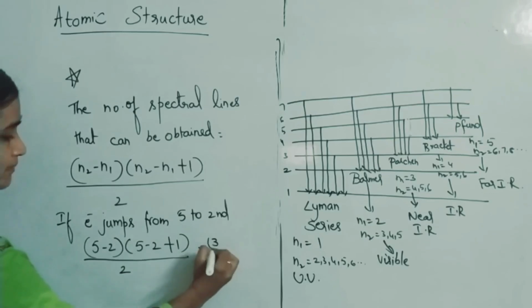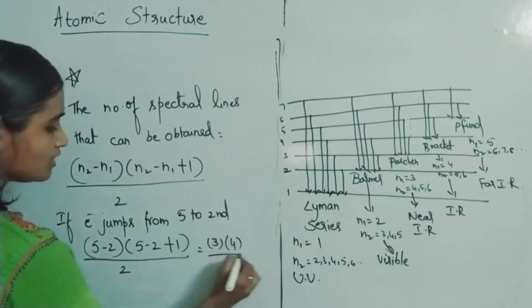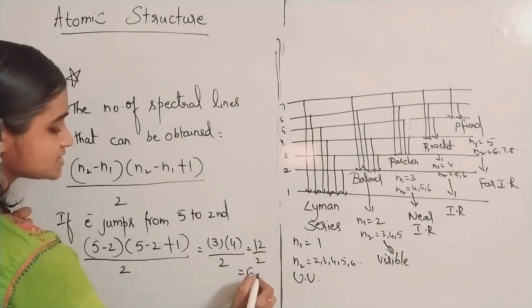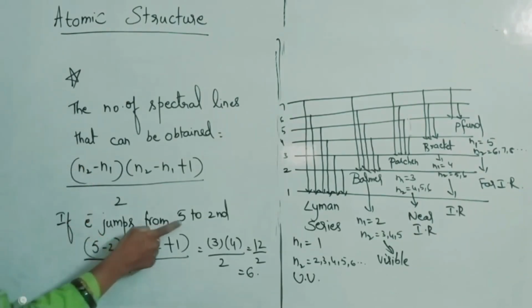So 3 into 4 is 12, divided by 2, which gives you 6 spectral lines. If an electron jumps from the 5th orbit to the 2nd orbit, you will get 6 spectral lines. That you can measure like this.